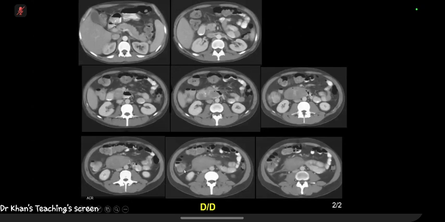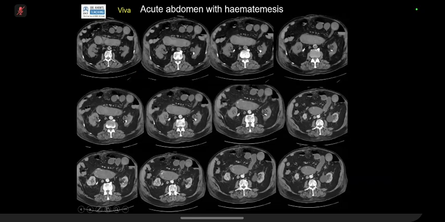Now, what is in that filling defect? In that filling defect is hemorrhage, hematoma. I just wanted to show you that if you know the pathophysiology, this is a case of intramural hematoma. Okay.